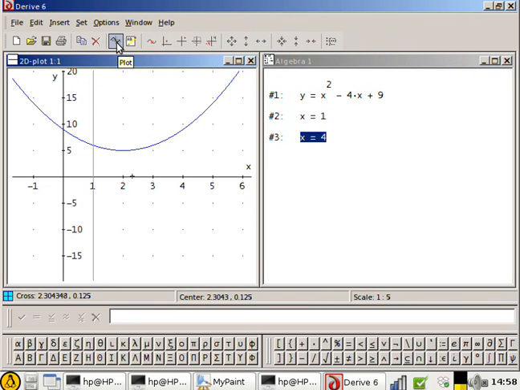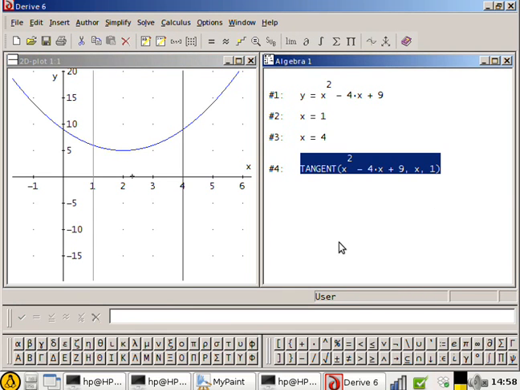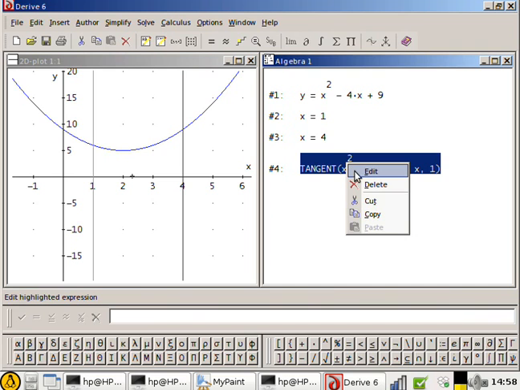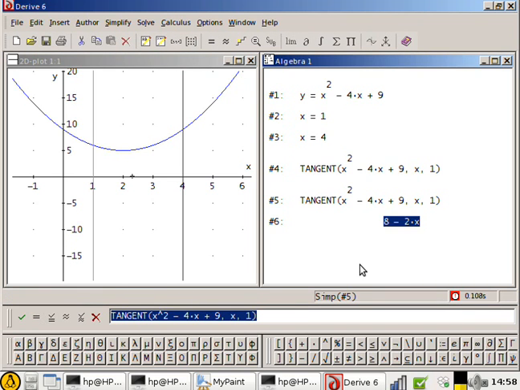Yes, indeed. And then the tangent line was the tangent of x squared minus 4x plus 9 when x is 1. So this should match up with what I got. Hopefully, yes. Did I get 8x minus 2?